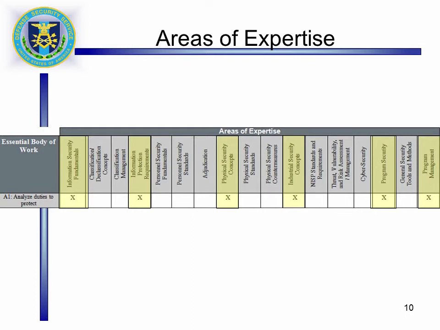Now, a user can quickly and easily turn to the competencies that are relevant to their career path to find what they need to know to be able to perform their job. Let's take a look at what that competency section will look like for the user.